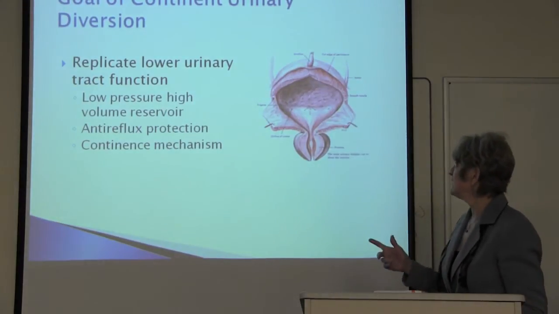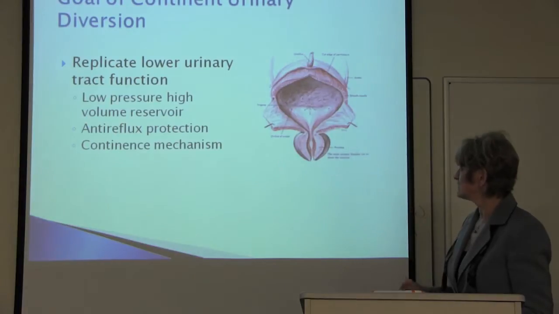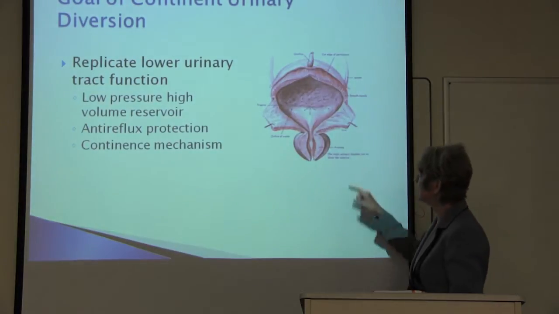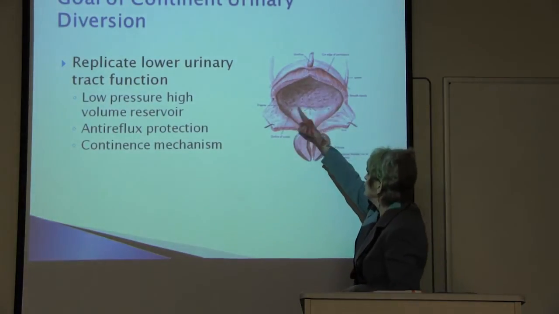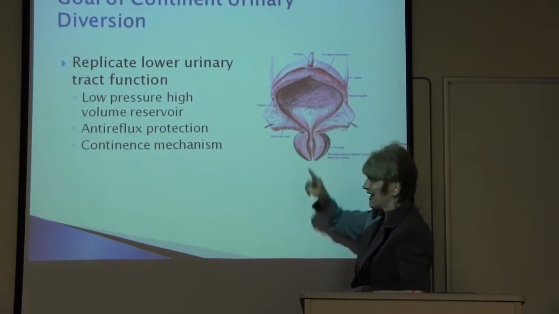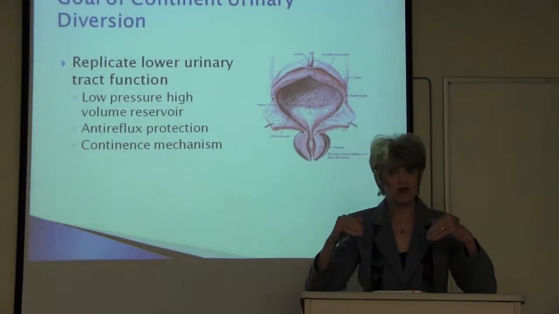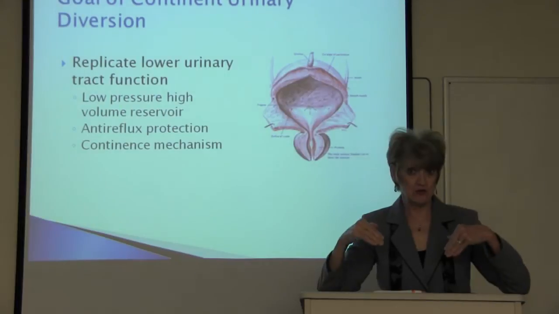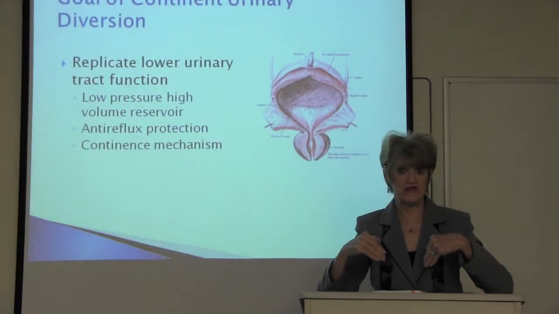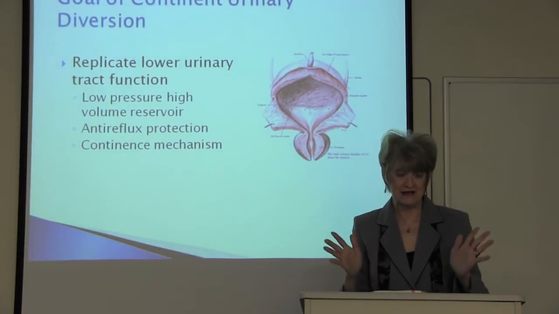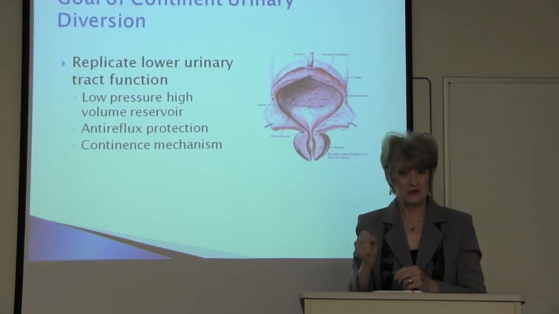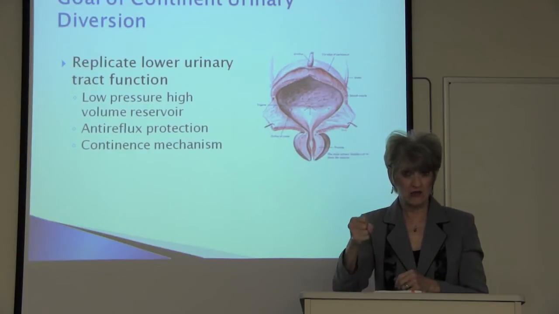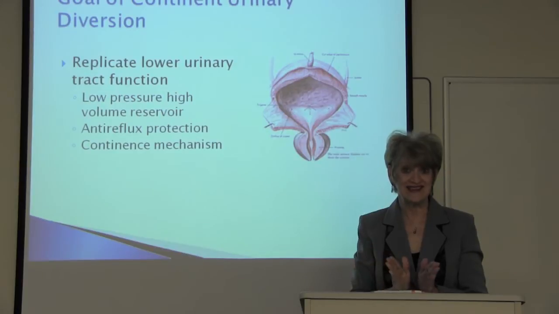The second thing we need is anti-reflux protection. Now in the native bladder, of course, the ureters enter the bladder through the trigonal muscle. They enter at an oblique angle, which helps to prevent ascending bacteria. And when the bladder contracts, the trigonal muscle also contracts, seals the ureters, and prevents any reflux of urine up the ureters.